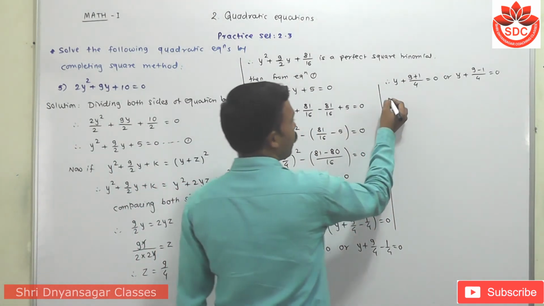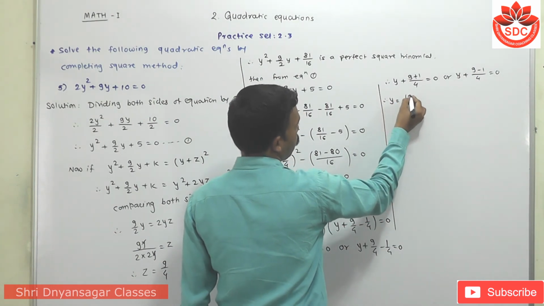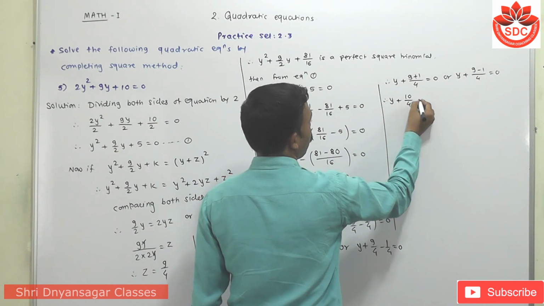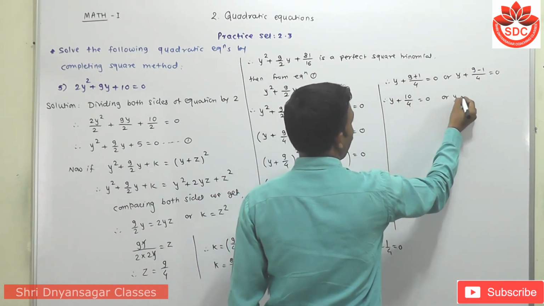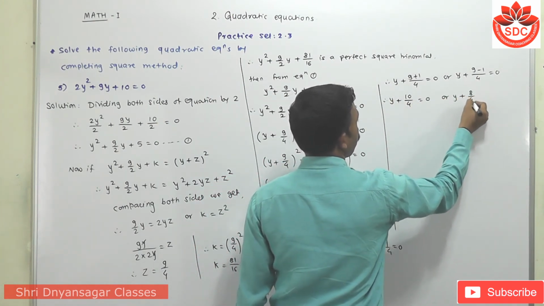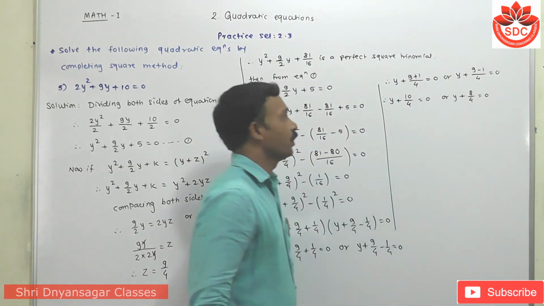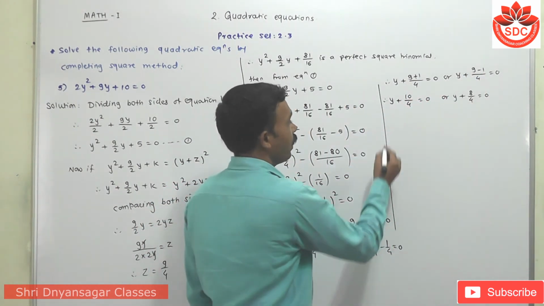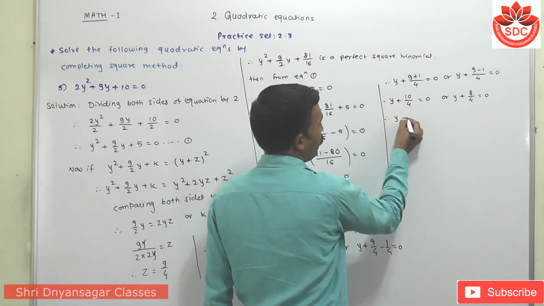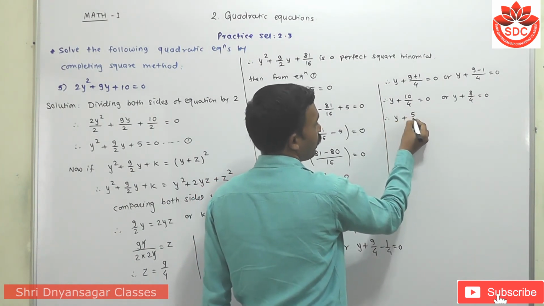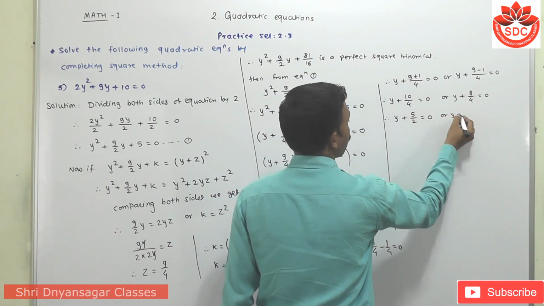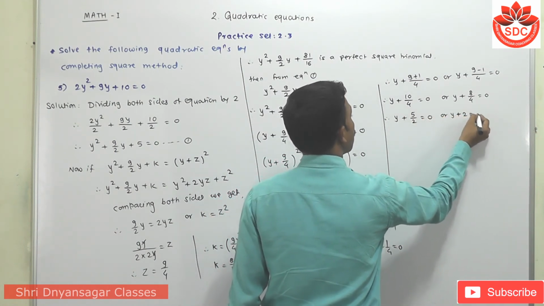Then this becomes y plus 10 upon 4 is equal to 0, or y plus 8 upon 4 is equal to 0. 9 plus 1 is 10, 9 minus 1 is 8. Then simplify it, we get y plus, here 2 fives are 10, 2 twos are 8, is equal to 0, or y plus 2 is equal to 0.